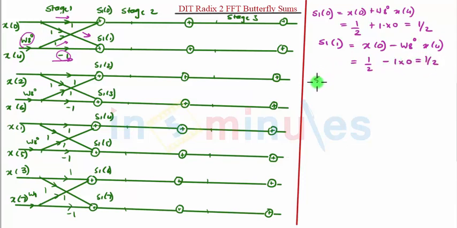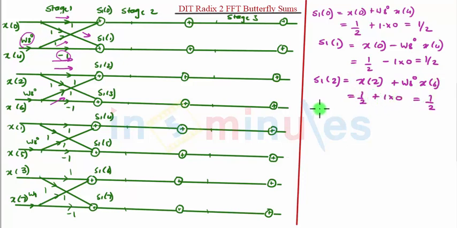For S1 of 2, the input is x of 2 and x of 6, that is x of 6 multiplied by W8 raised to 0. So the equation turns out to be x of 2 plus W8 raised to 0 x of 6, that is half plus 1 into 0, again gives us half. Similarly, S1 of 3 we can write the equation as x of 2 minus W8 raised to 0 x of 6, that would give us again half minus 1 into 0, that is half.